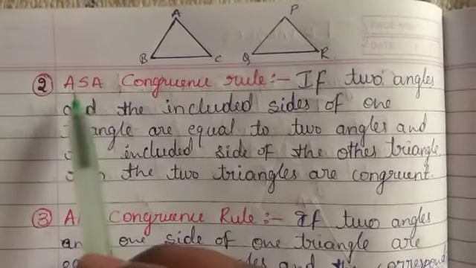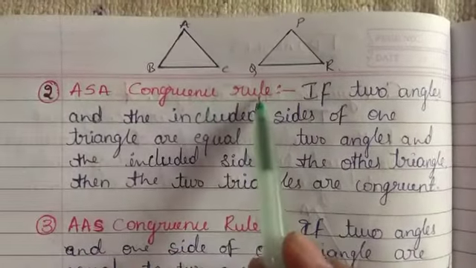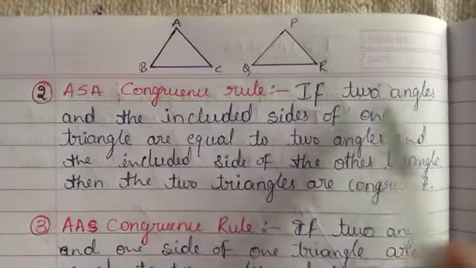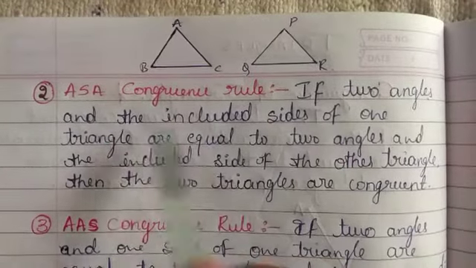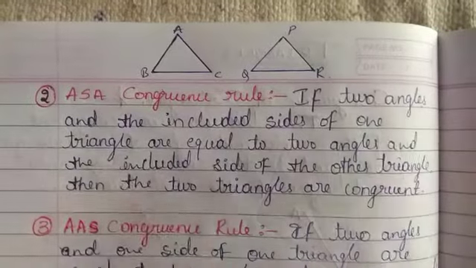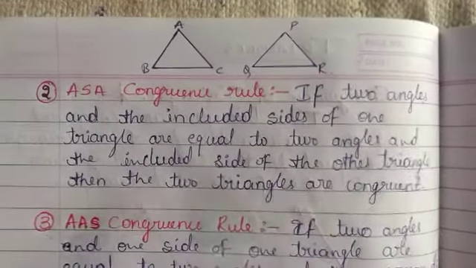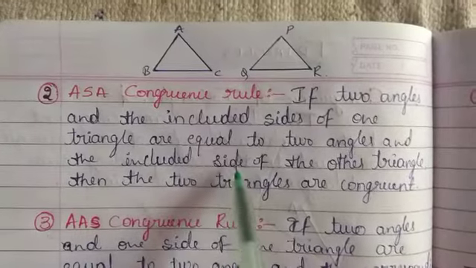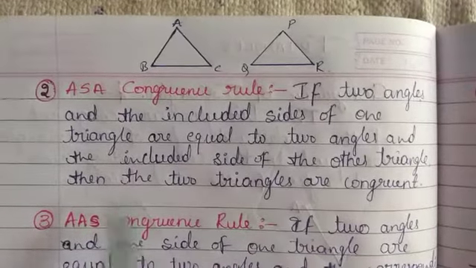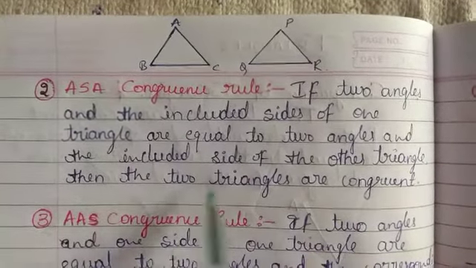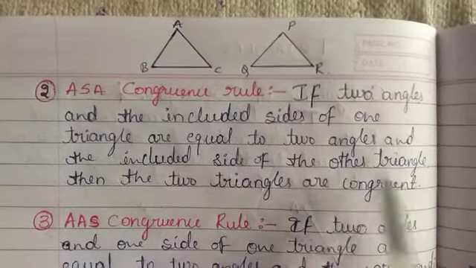Second criterion, the ASA congruence rule. If two angles and the included side of one triangle are equal to two angles and the included side of the other triangle, then the two triangles are congruent. What does this say?